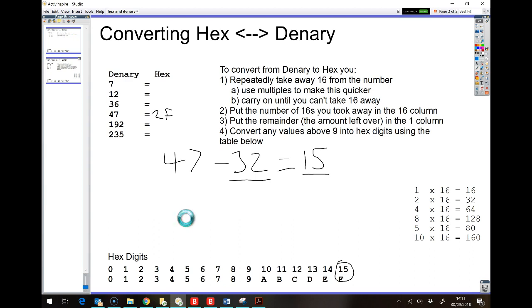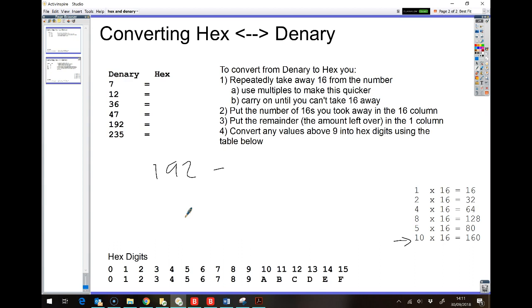Okay, we're going to get onto the harder ones now. 192. Well, actually, the easiest way to do this is we can take away 160 first of all. So I've got 160 here. So I do 192 take away 160, and that is equal to 32. Nice and easy.